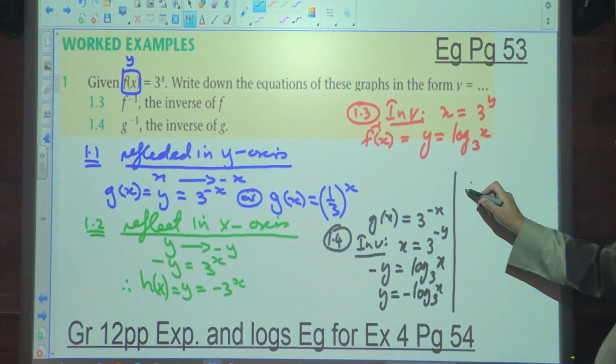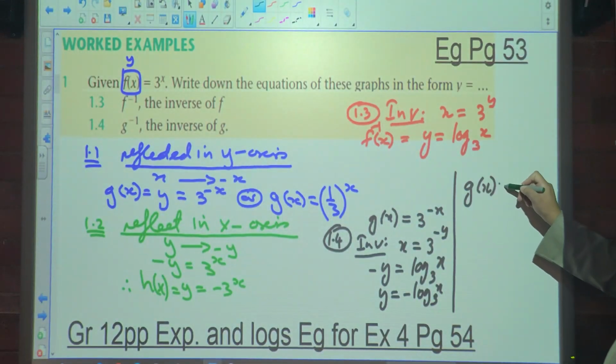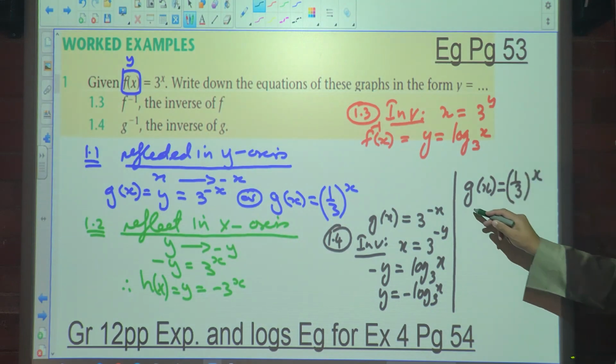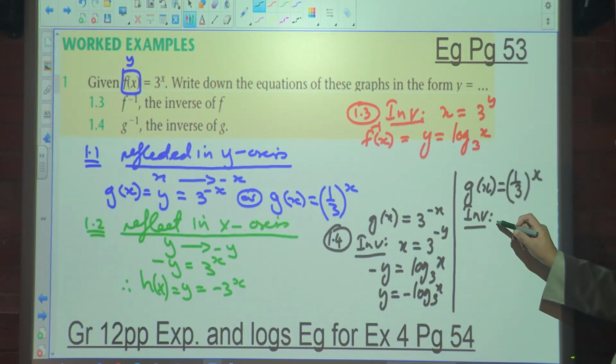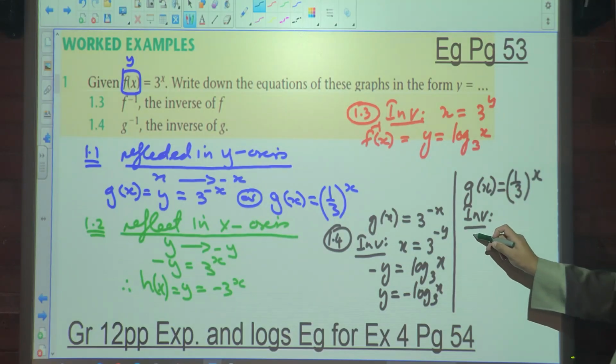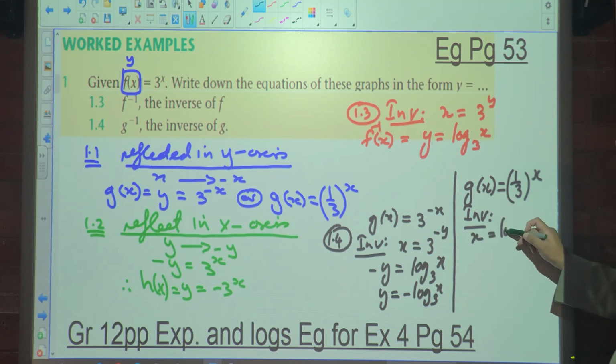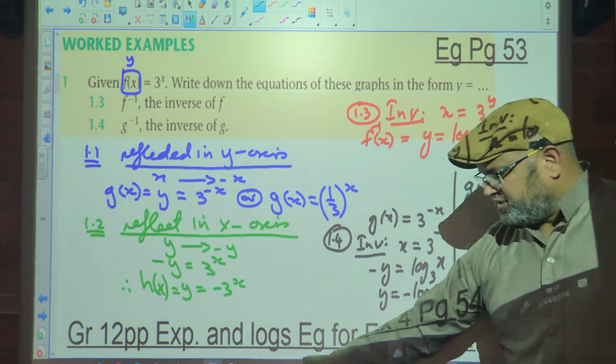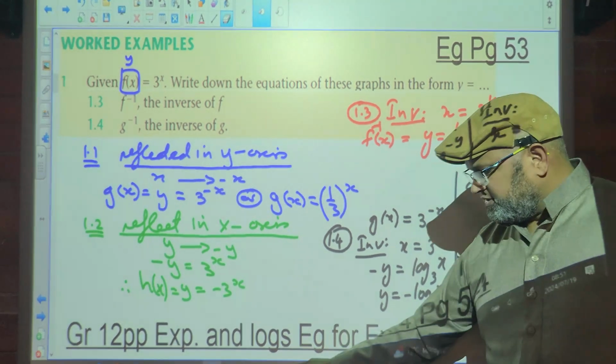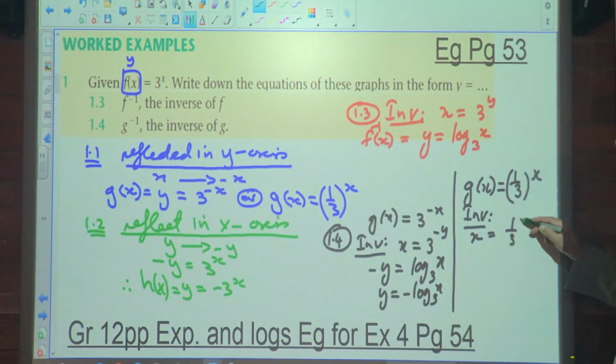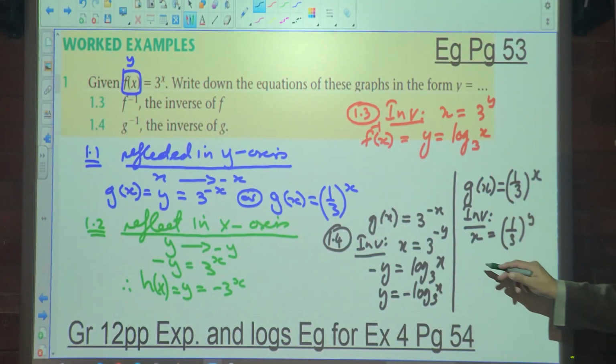If you had gone with g of x equals a third to the x, and I go for the inverse function, what do I do here? Interchange x and y. So x is equal to a third to the y.